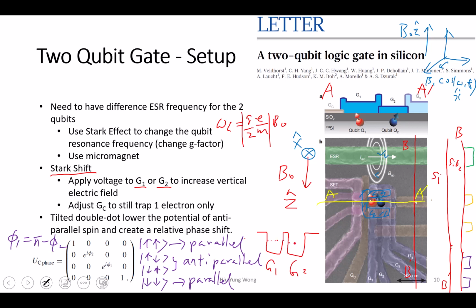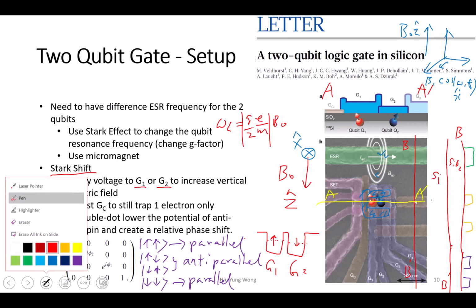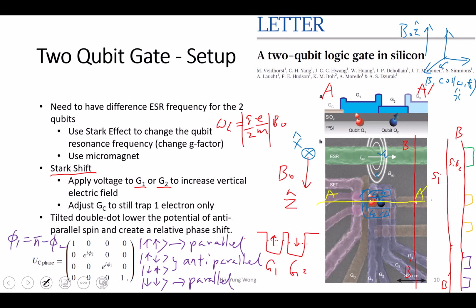You will have a quantum well, and then you might have spin up or spin down. If you want to make it tilted, what it means, if I understand correctly, is that you make this one, for example, lower, and the other one stays the same. Then this one will have a lower energy. Do you see this?